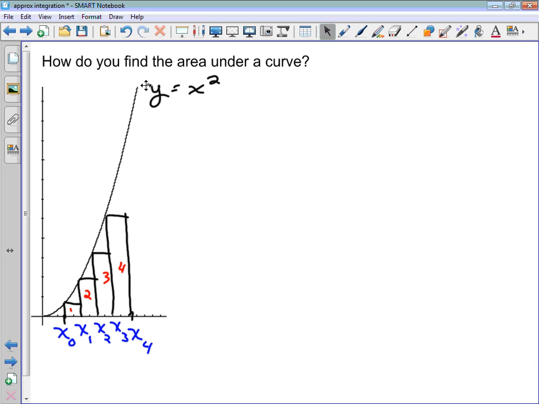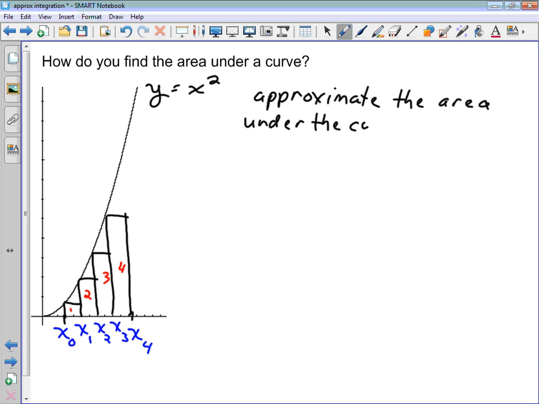So what are we doing here? We're going to approximate the area under the curve using a series of rectangles.